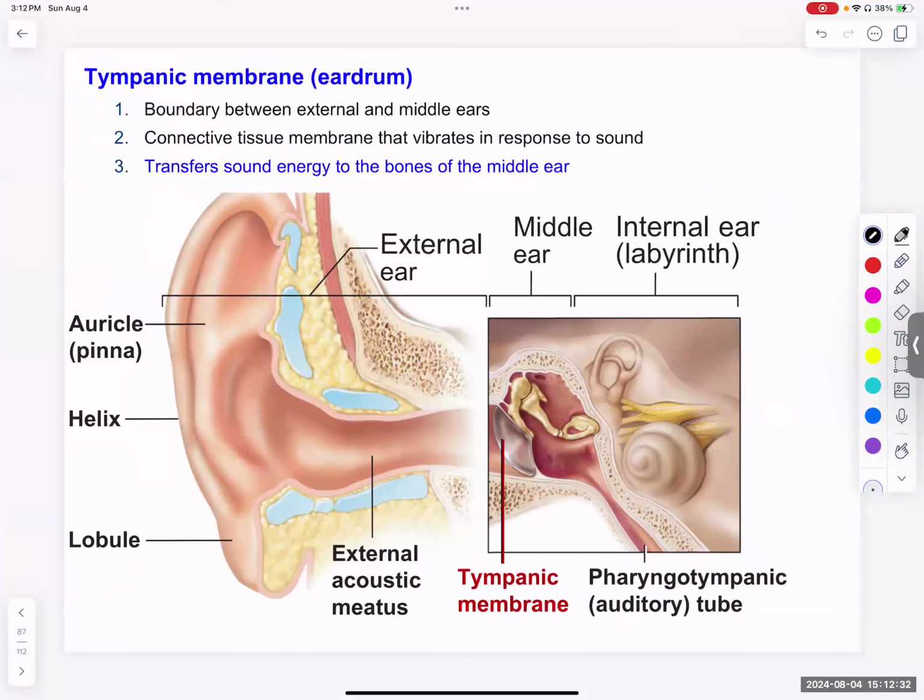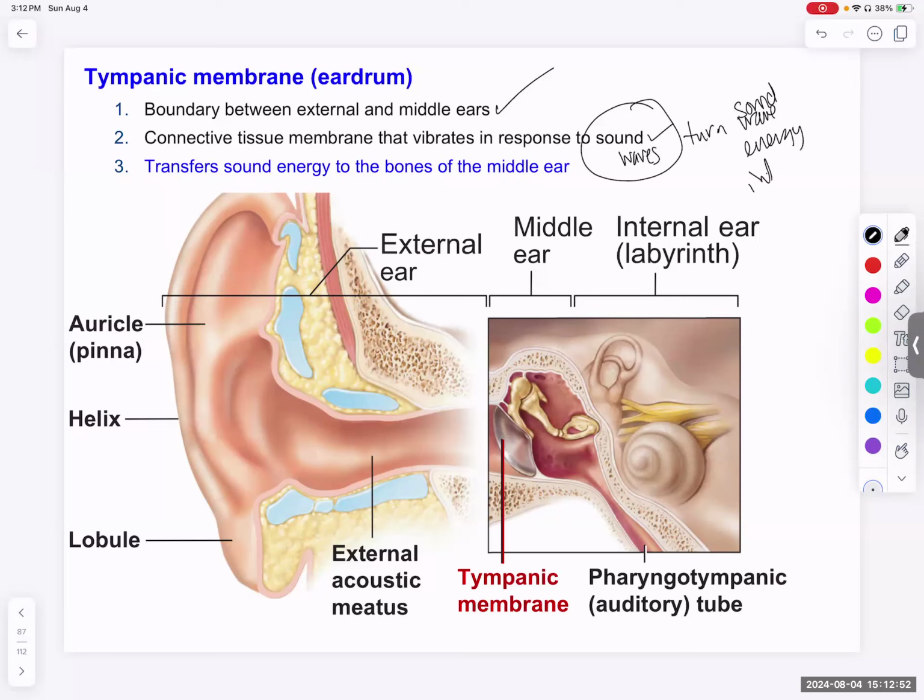So tympanic membrane, your eardrum, is the boundary between the external and middle ear. It's connective tissue that vibrates in response to sound waves. And it's going to turn sound wave energy into vibratory energy.